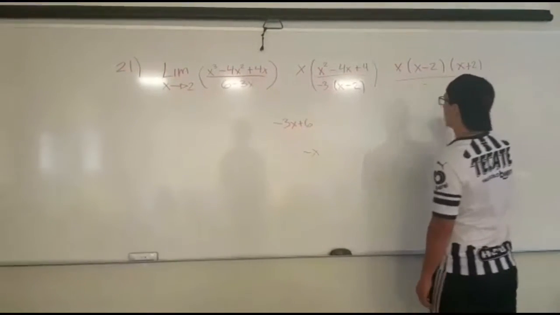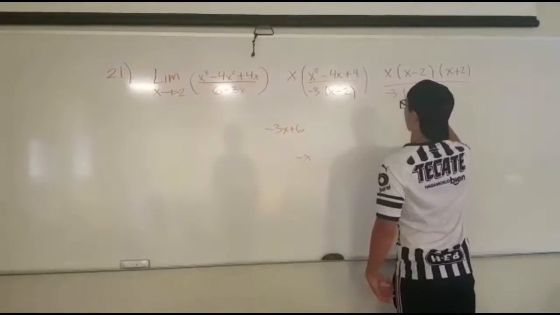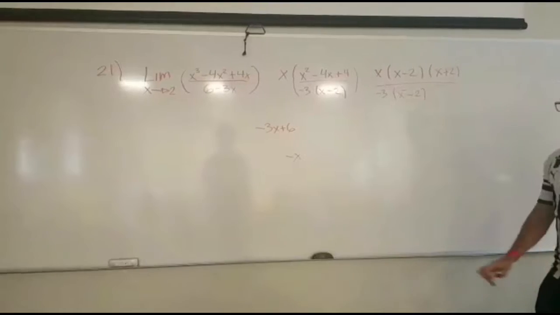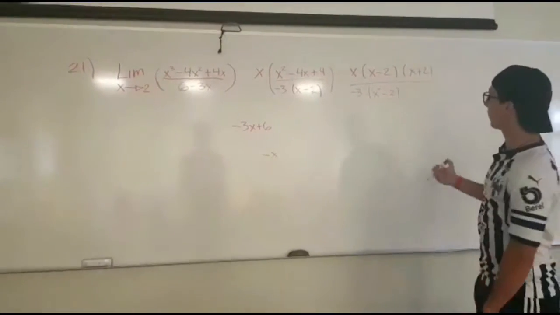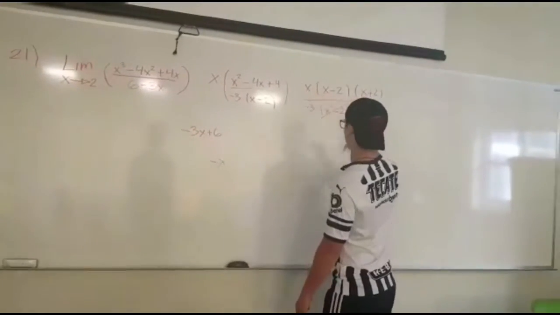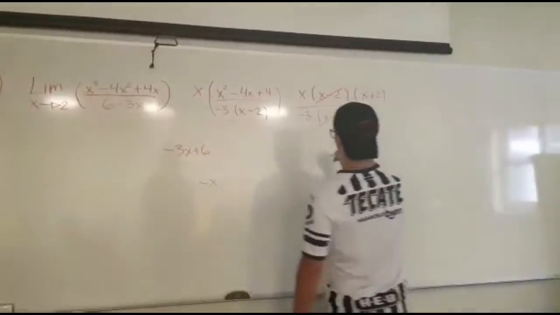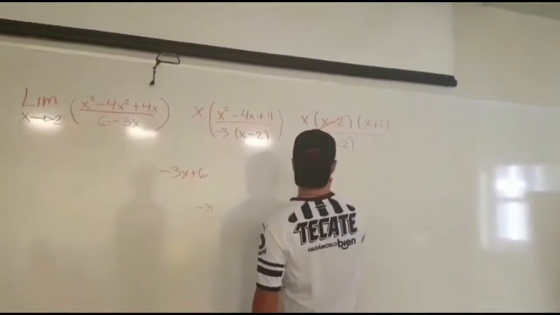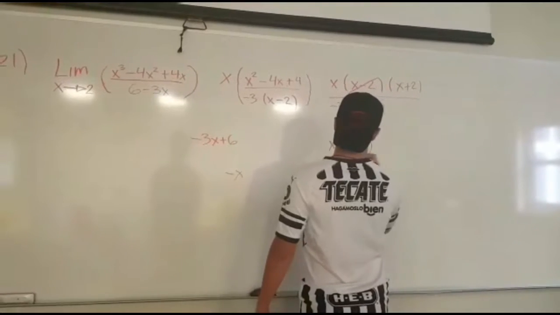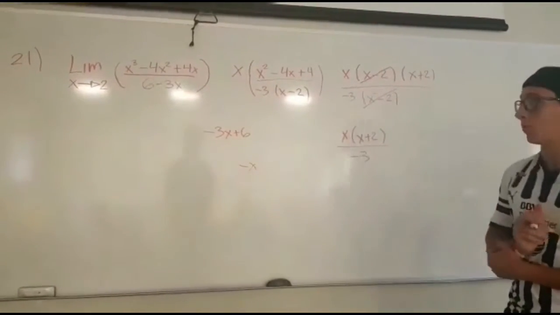At the end, on the bottom you have negative 3 times x minus 2. So, next step, you can cancel things out. In this case, you can cancel out x minus 2, which leaves us with x plus 2 over negative 3.